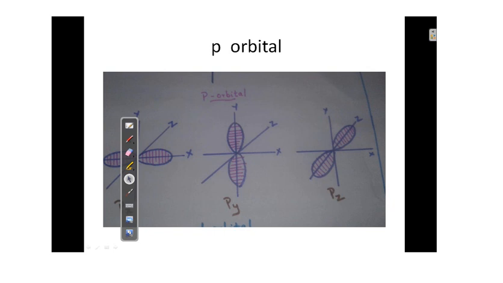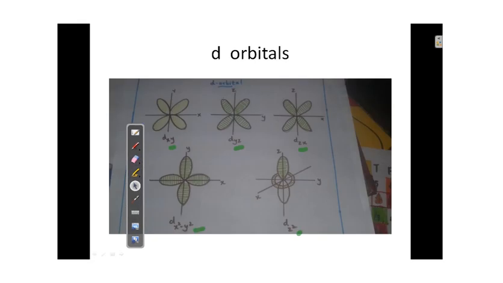In the case of D orbitals, they are double dumbbell. There are 5 orbitals: dxy, dyz, dzx, dx square minus y square and dz square.